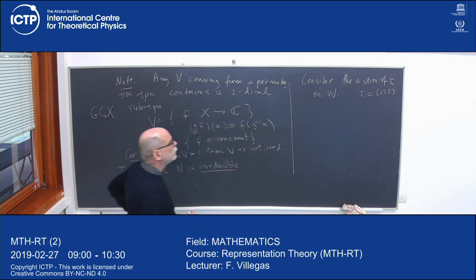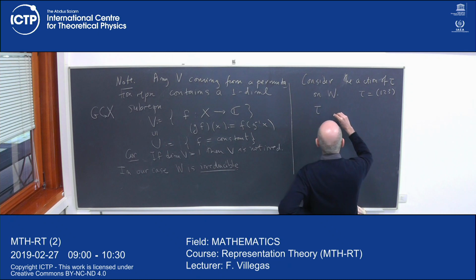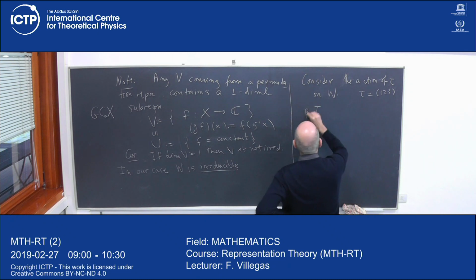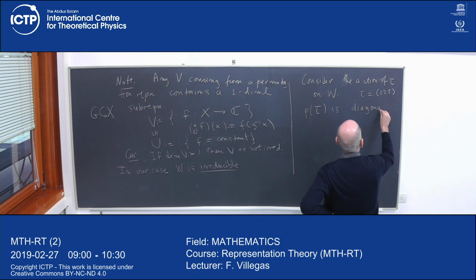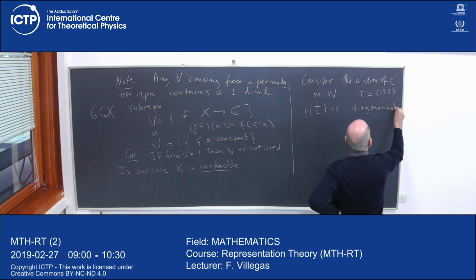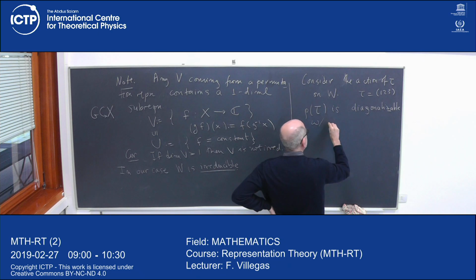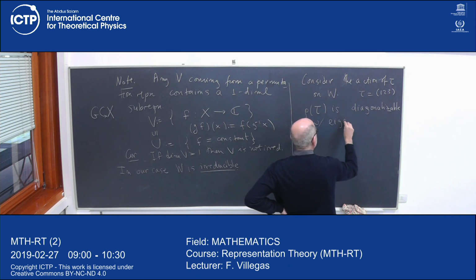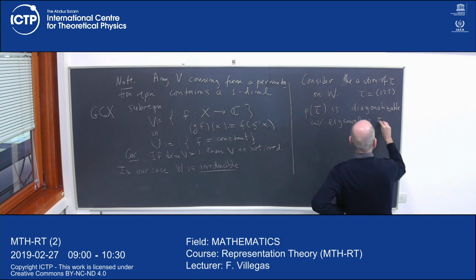And so, recall what we said earlier, rho of tau is diagonalizable with eigenvalues theta with theta cubed equal to 1.